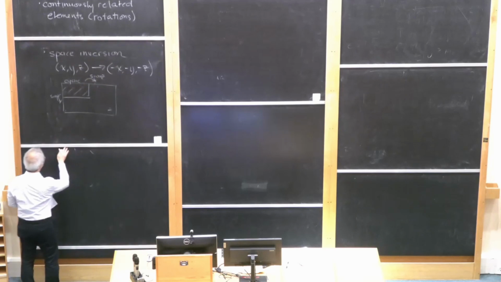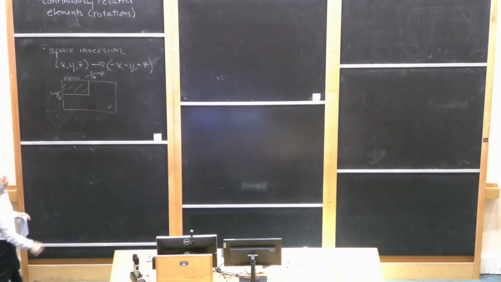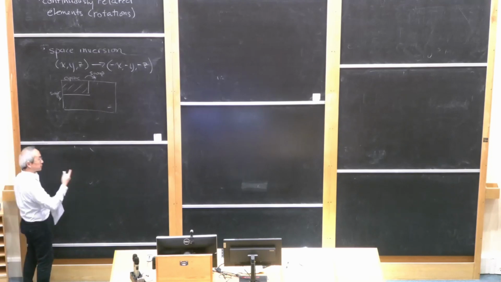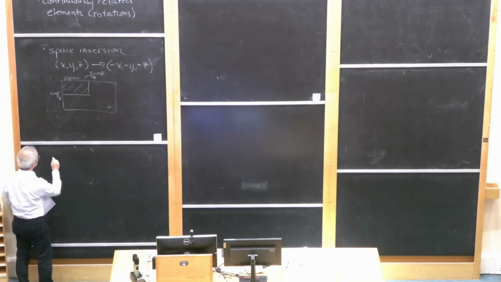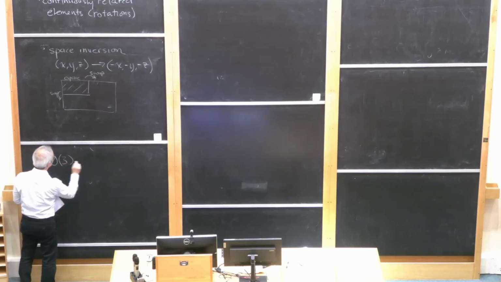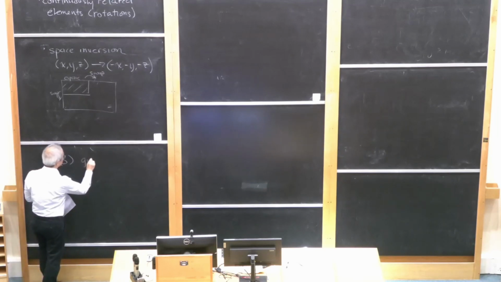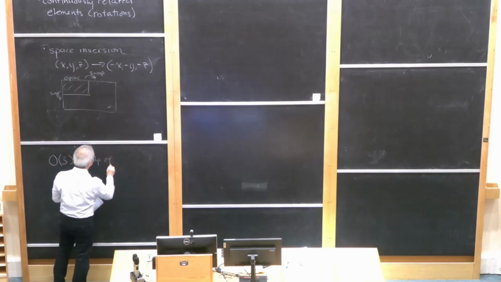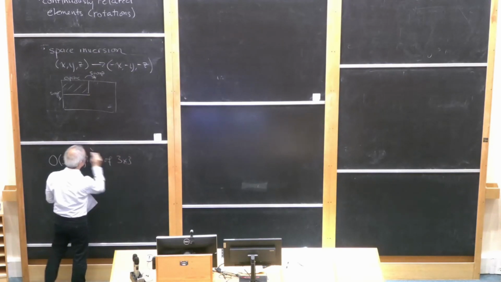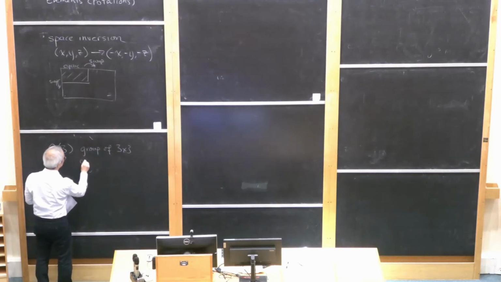So if we talk about the group of rotations in 3D, we can think of this as isomorphic, following that same discussion from yesterday, to the group of 3x3 orthogonal matrices.